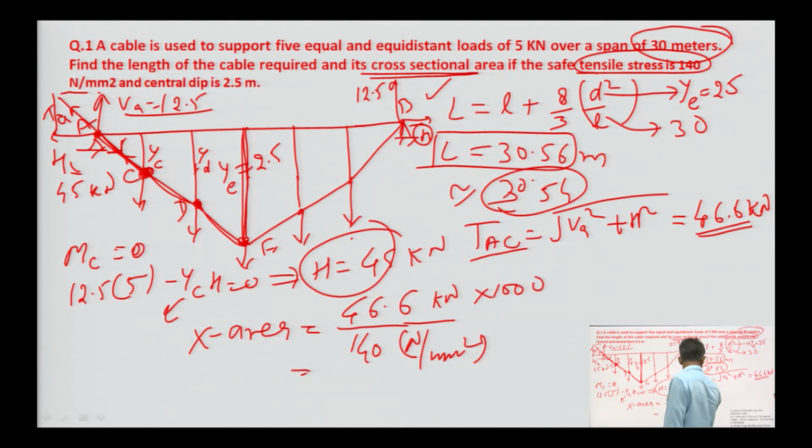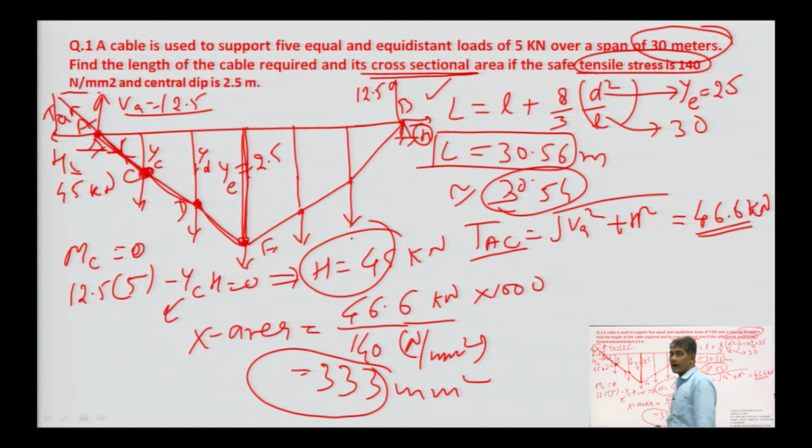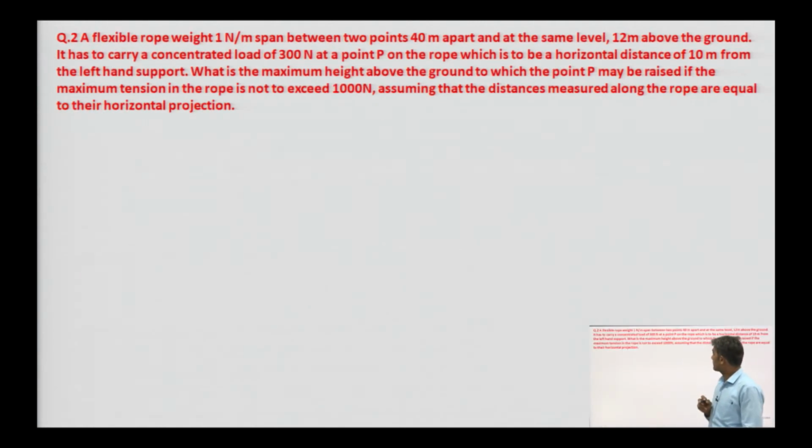Then we will have the value as 333 mm square. So this will be the required cross sectional area of the cable for hanging 5 equidistant loads of 5 kilonewton. Okay. We will move to the next question.